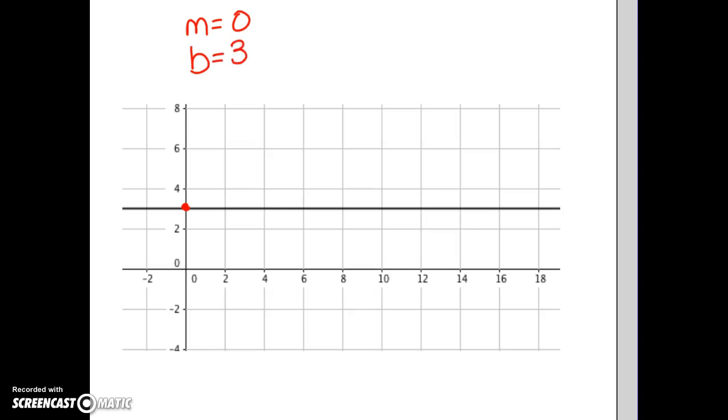So if I substitute this one into the form of my equation, y equals mx plus b, I have y equals 0 times x plus 3.